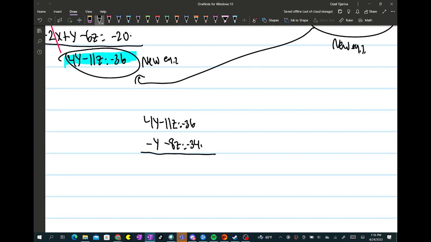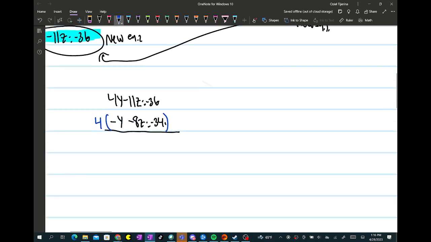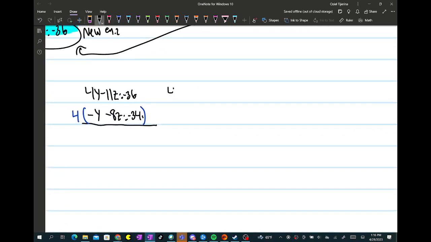So now I need to eliminate my y variable. To do that, I'm going to multiply this by 4. So then I have the following. 4y minus 11z equals negative 36. And then I'm going to get negative 4y minus 32z equals, and 34 times 4 is 136, so it's going to be negative 136 here.